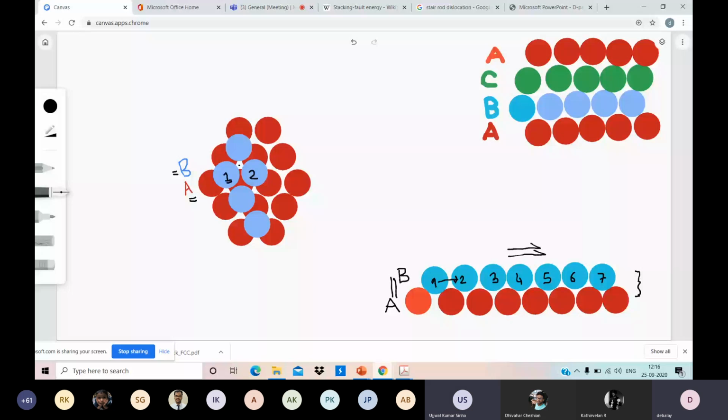Sir, you told us in a perfect lattice, we can correspond to that also. Suppose my movement is possible.